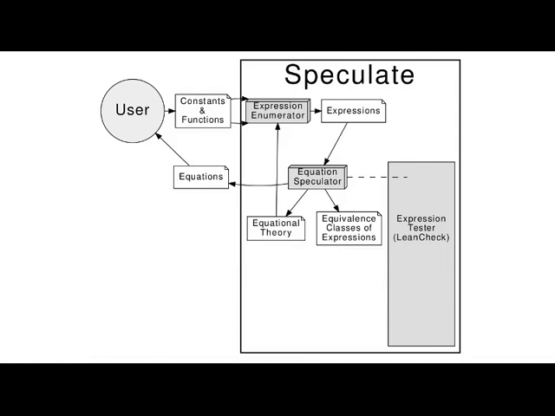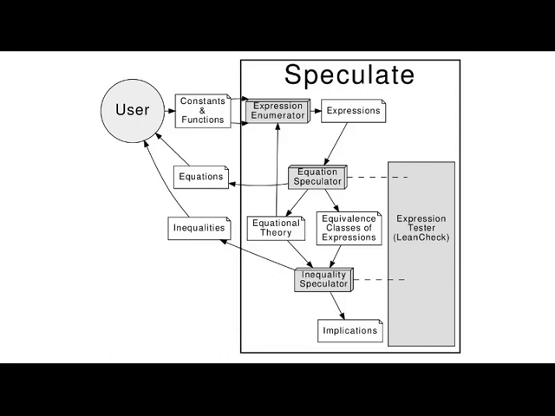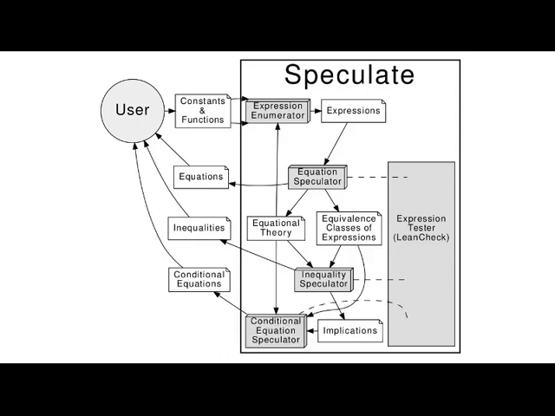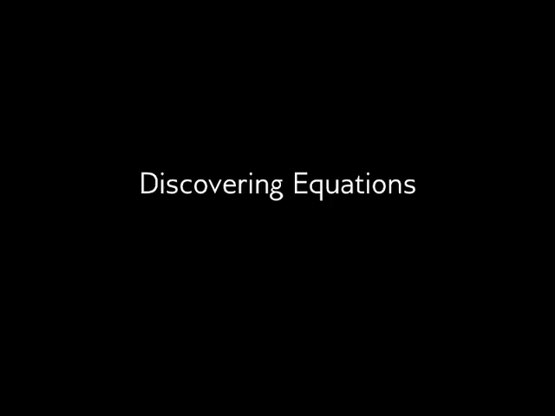The byproduct of discovering equations is used to discover inequalities and also implications. I'll show you a bit of detail of the equation speculator, and then I'll go into more detail about the inequality speculator and the conditional equation speculator. Those are the contribution of this work.